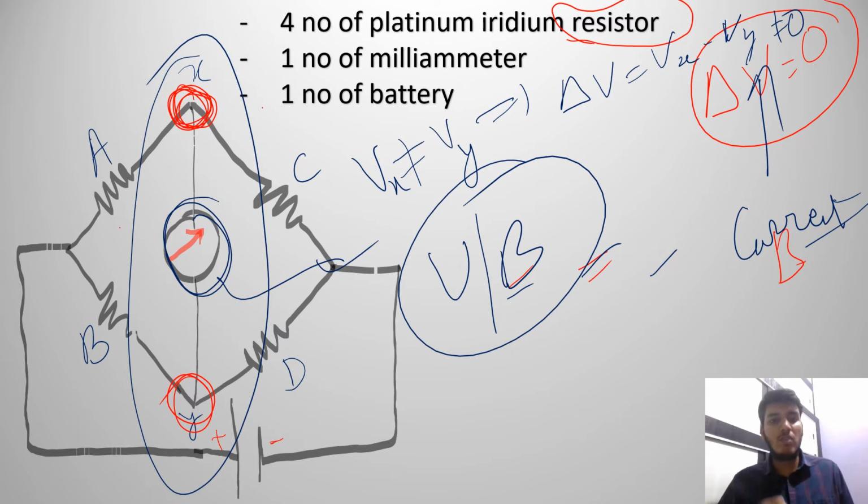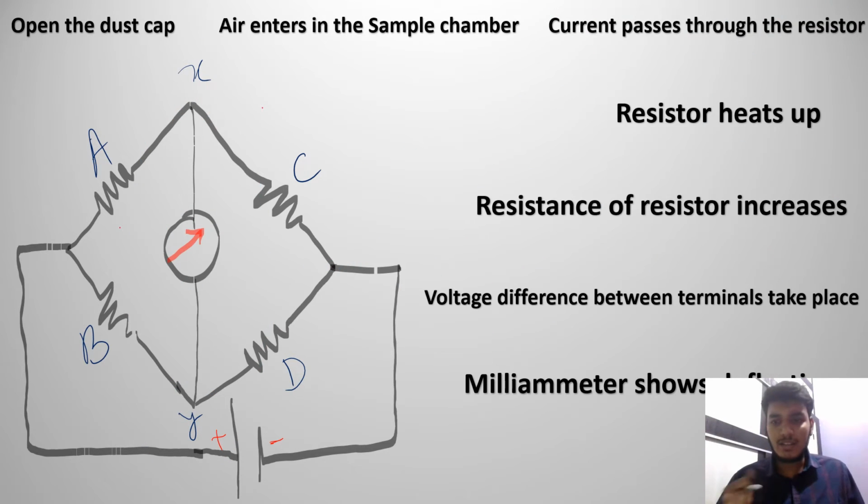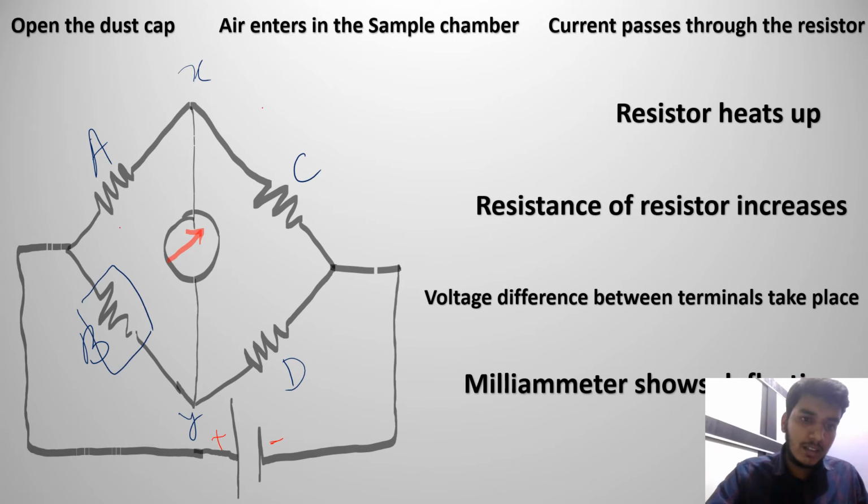Now let us move on and see how this principle is implemented in our methanometer. Again, the circuit is drawn on the screen. Before discussing, let me label one more part in this methanometer circuit: B and C are hermetically sealed chambers.